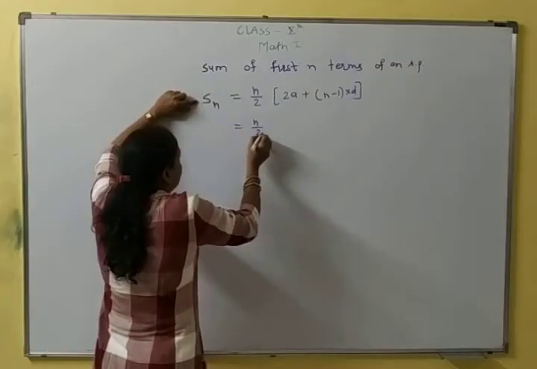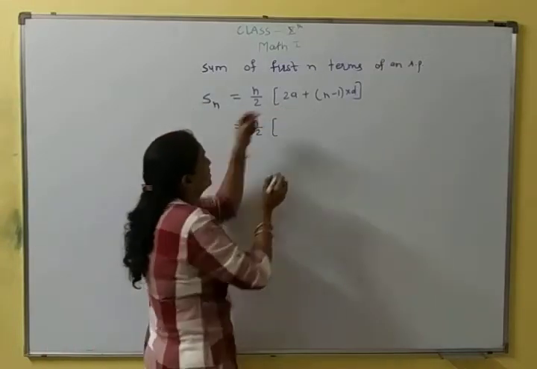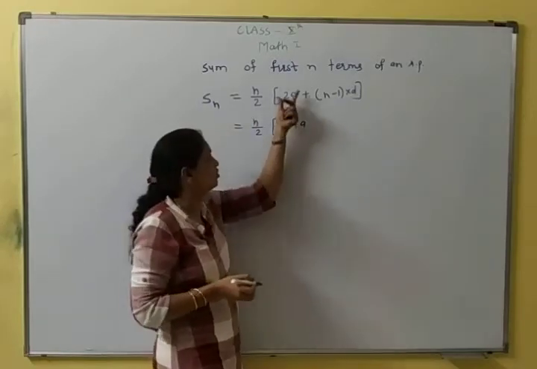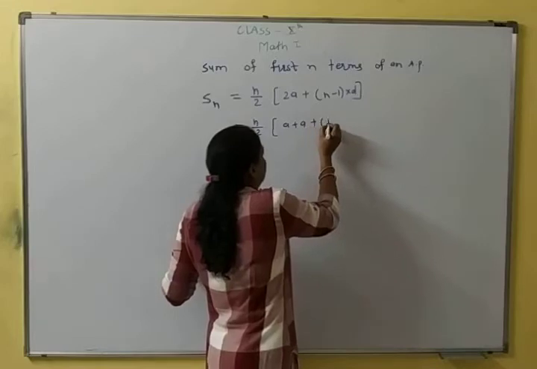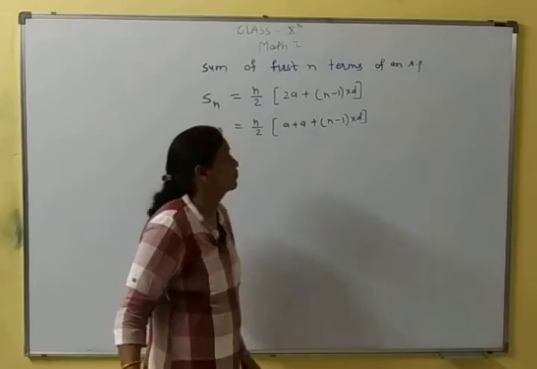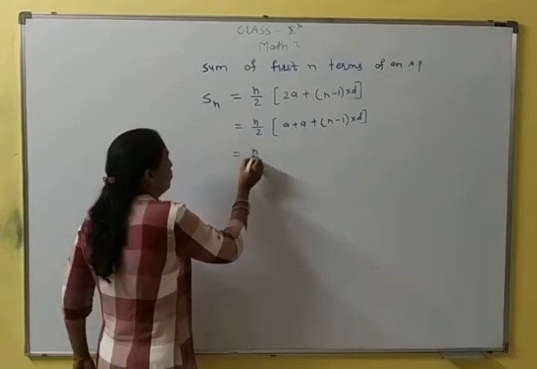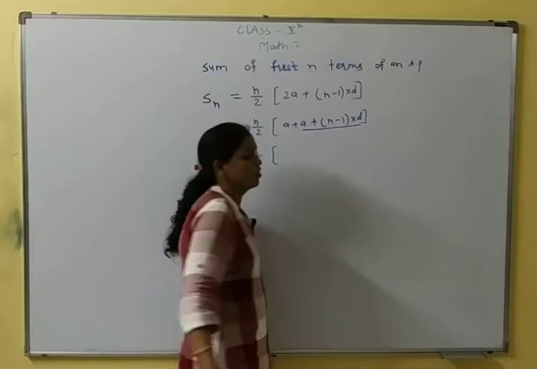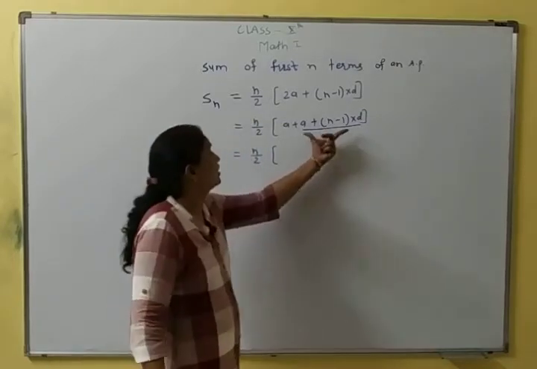It can also be written as n by 2, where twice A can be written as A plus A. A plus A plus (n minus 1) into D is the nth term, Tn.